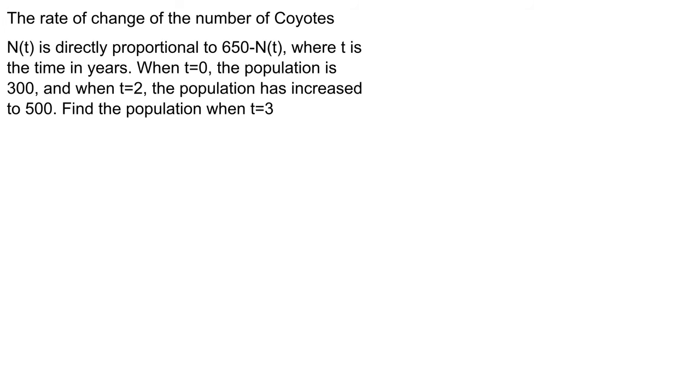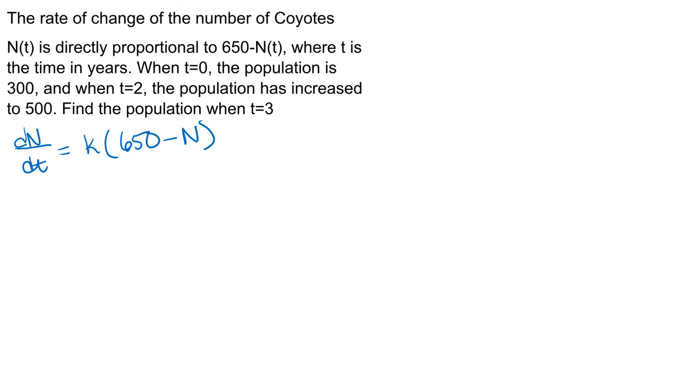If something is directly proportional to something else, that means the rate of change of n, so dn dt, equals some constant times this function. I'm just going to leave it as n. That's what directly proportional means. So we can find this function, and this actually turns out being a particular solution problem using separation of variables.